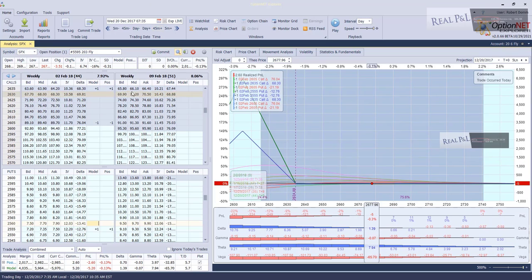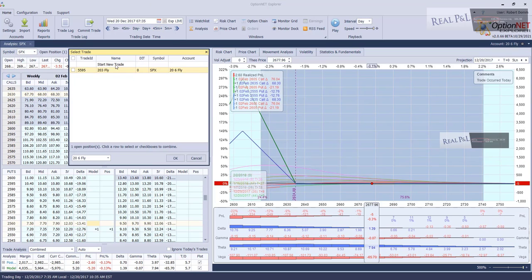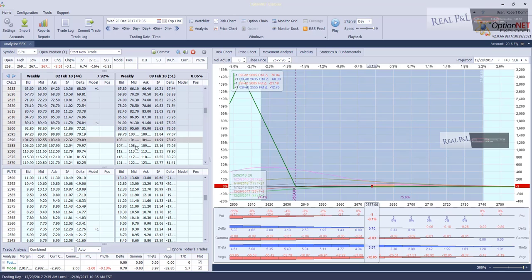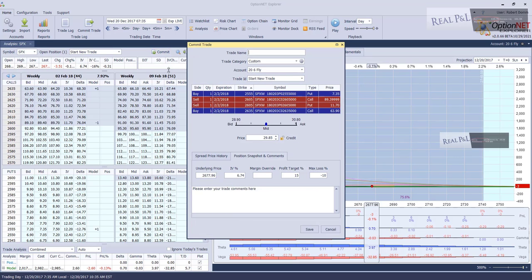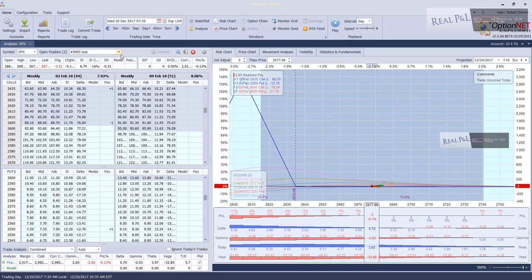Now, the way I did that was I put start new trade. So this is the trade now. This trade has not been committed. In order to create this trade, I need to hit commit, and I need to call it something. Let's just call it test. So this trade is created as a test. Now there's two trades.